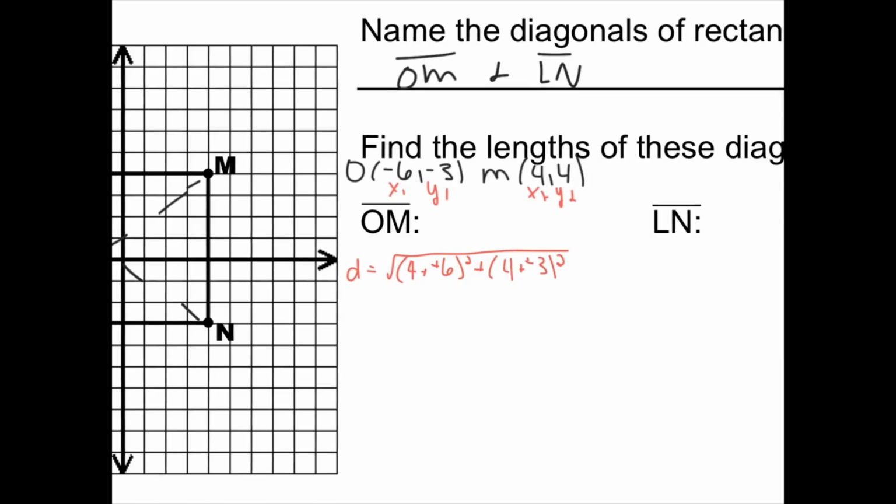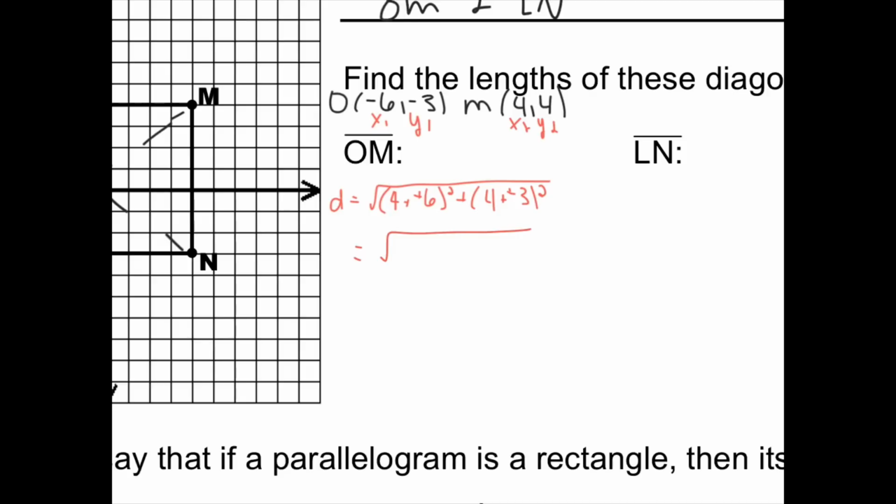So I'm going to go ahead and do the addition. Looks like I have 10 squared plus 7 squared. That's going to be 100 plus 49. And that's going to be the square root of 149. And we're just going to leave it at that. If you want to put a decimal there, I'm not going to be upset about it. Now let's look at the other one.